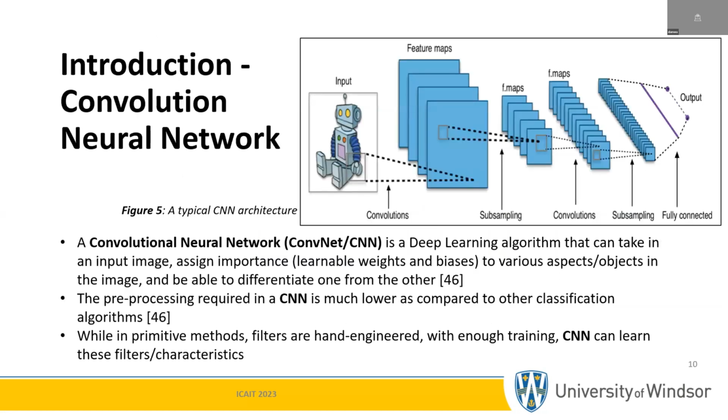CNNs are very good for image classification, computer vision, and all that. This is just a funny picture of a typical CNN. It would take too much time to explain because there are so many little components: convolution, pooling, sampling, and all that. So I will skip that as well.